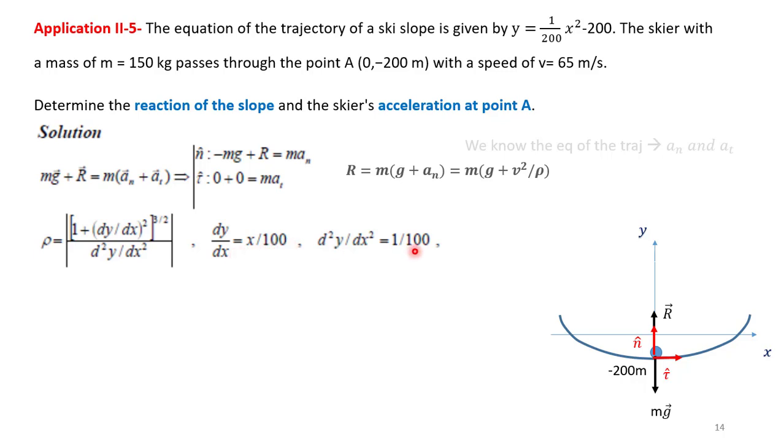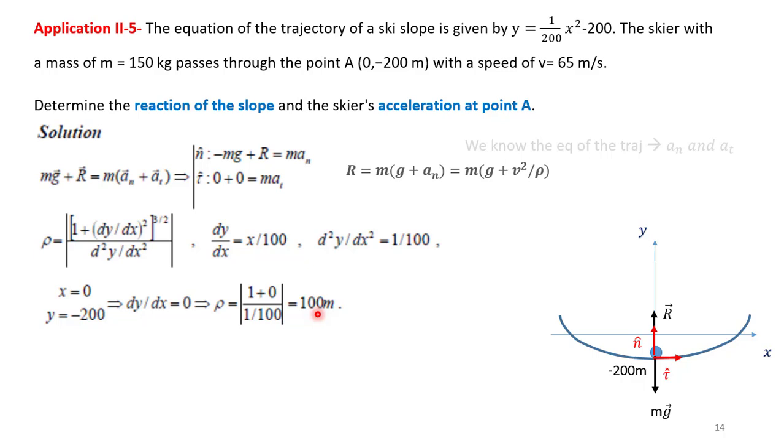It's equal to 1 over 100. We can replace x with 0 to find rho. So at x equals 0 and y equal minus 200, dy over dx equals 0, and then rho will be equal to 1 plus 0 over d2y over dx squared, which is 1 over 100, and we can find that the radius of curvature here is equal to 100 meters.